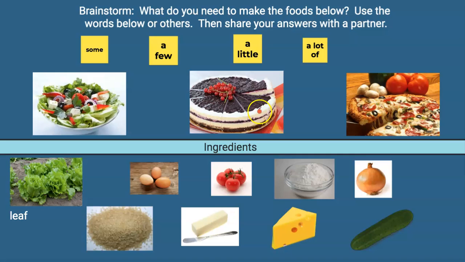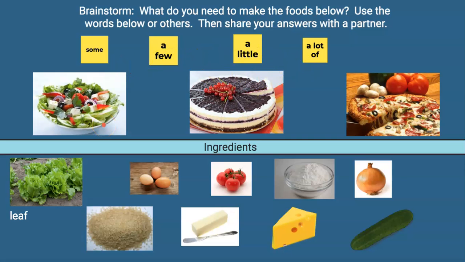The other group is to identify the ingredients for the cake, and the last group was to identify the ingredients for the pizza. So they are going to select some ingredients that they need to make their food and create a sentence using the quantifiers given above.